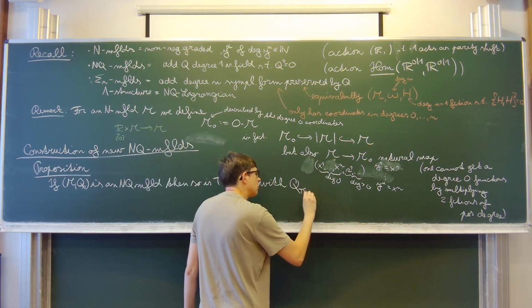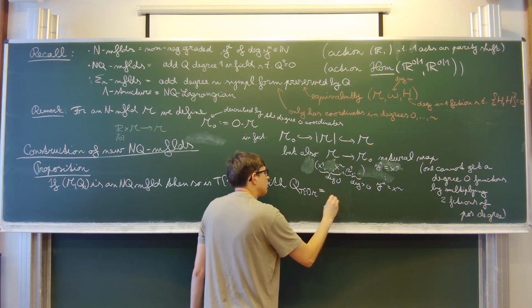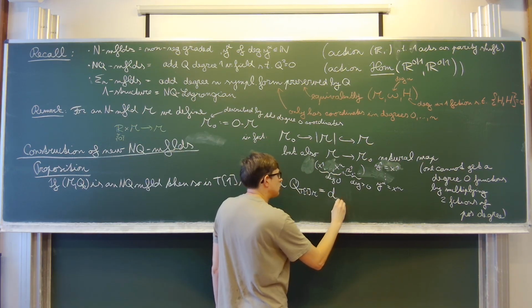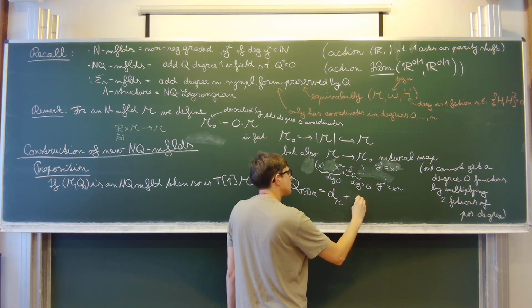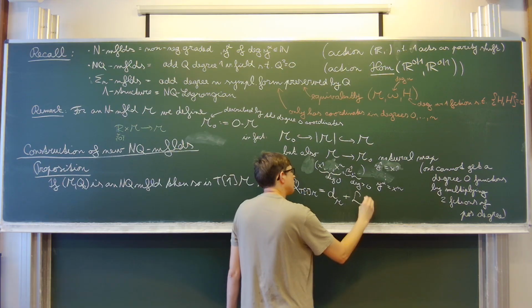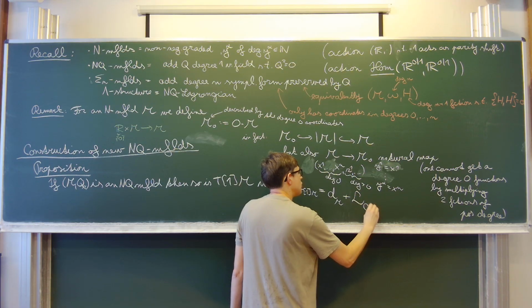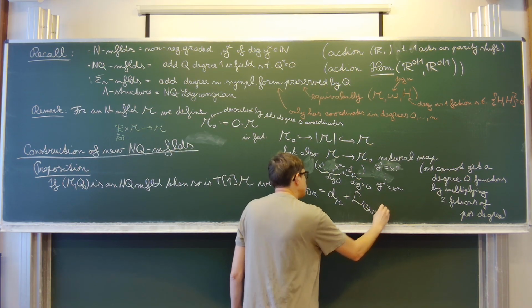Q on T1M being the de Rham differential on M plus the Lie derivative with respect to Q on M.